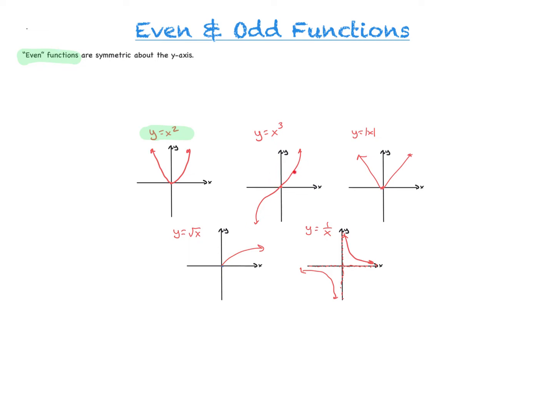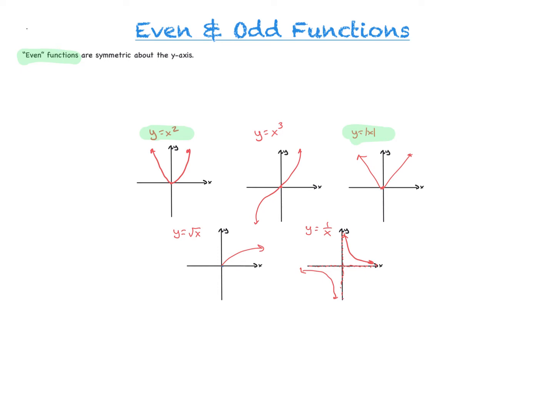It's more of a diagonal symmetry. But y equals the absolute value of x also has a reflective property about the y-axis. Y equals the square root of x is not reflected around the y-axis. And y equals 1 over x has that diagonal symmetry that we'll talk about in a second.